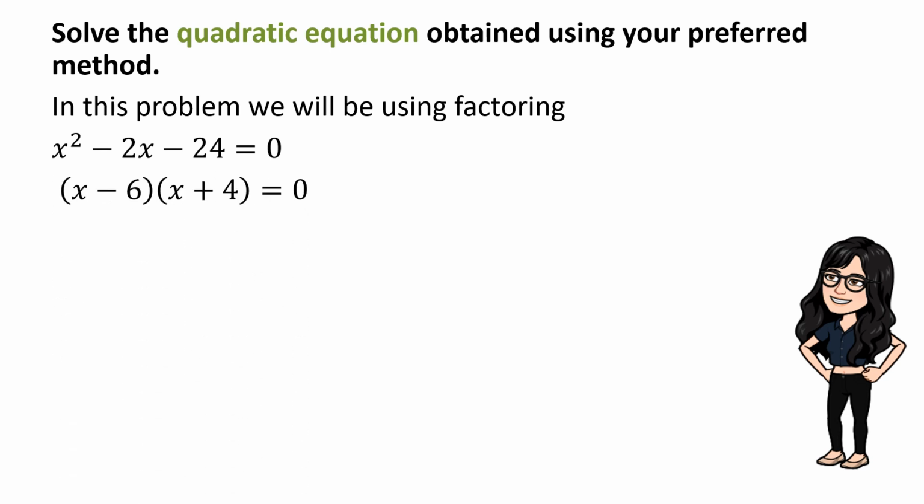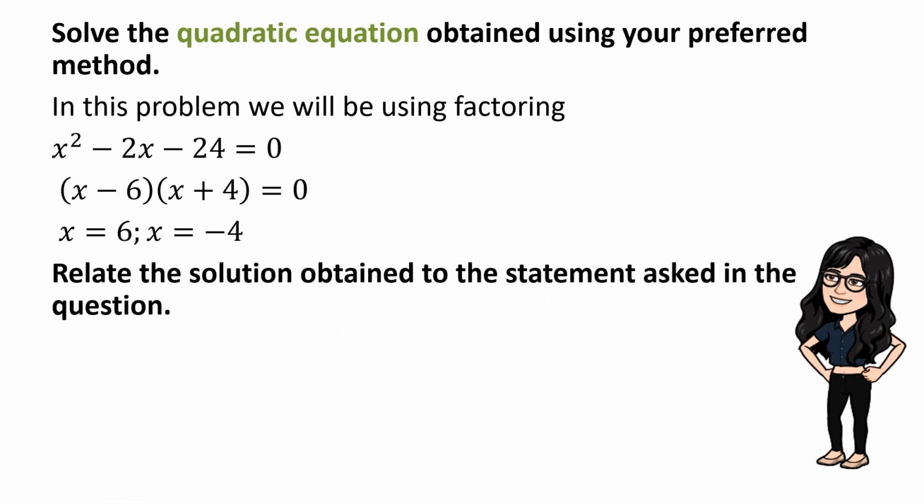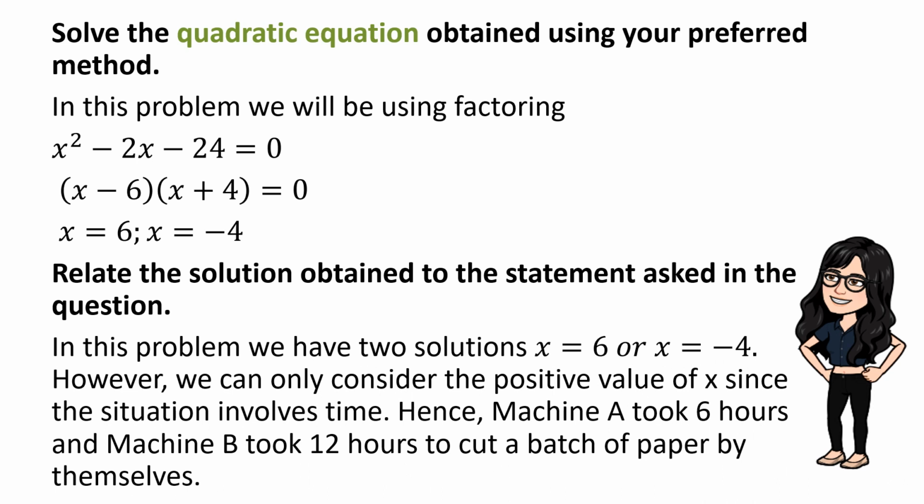So using factoring, we have x squared minus 2x minus 24 equals 0. That will become the quantity x minus 6 times the quantity x plus 4 equals 0. The values of x are x equals 6 and x equals negative 4.